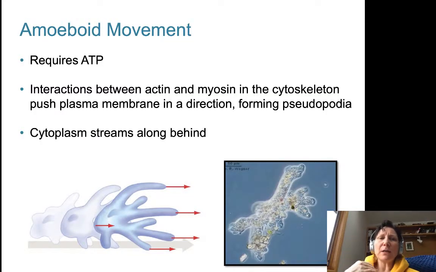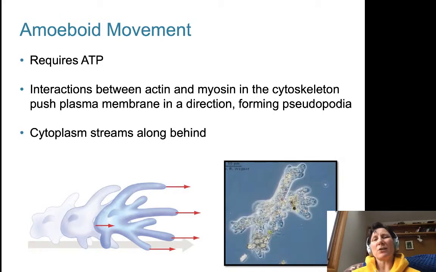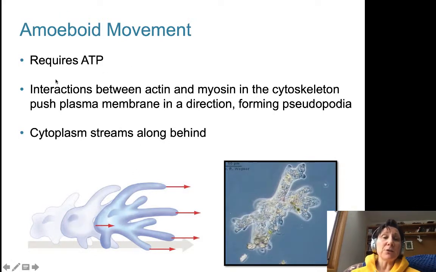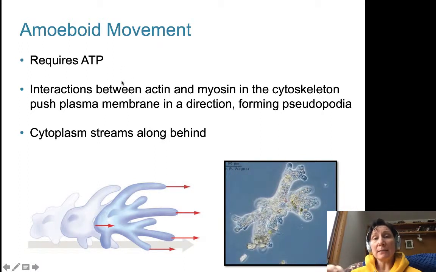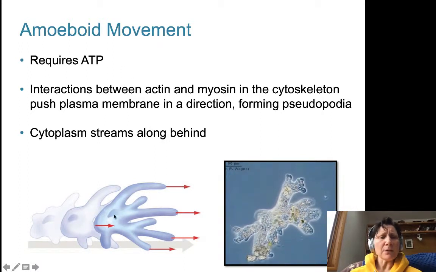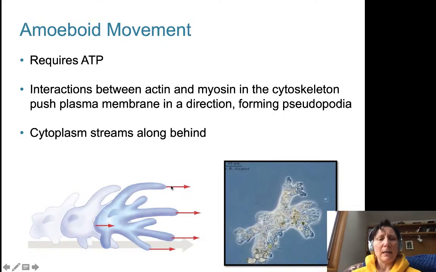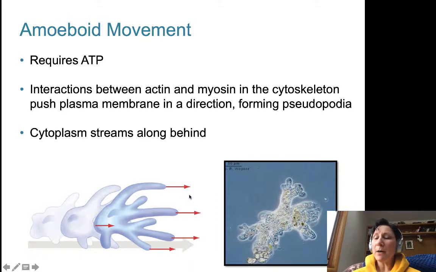Okay, so the amoeboid movement, we've already talked about a little bit earlier in the semester, but just to remind you, this requires ATP, so it is energetically expensive. They're highly characterized, and you can see the video to the right too. It's going to go much slower. It sticks out these finger-like projections called pseudopods, and then they move.